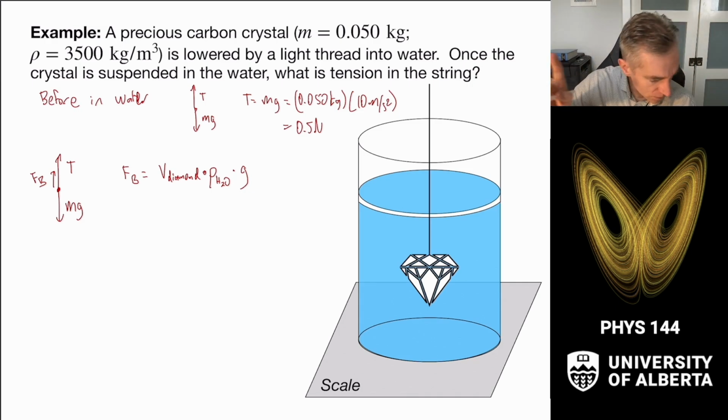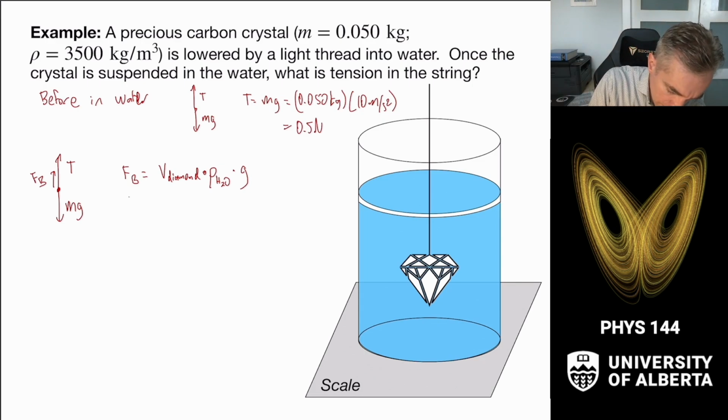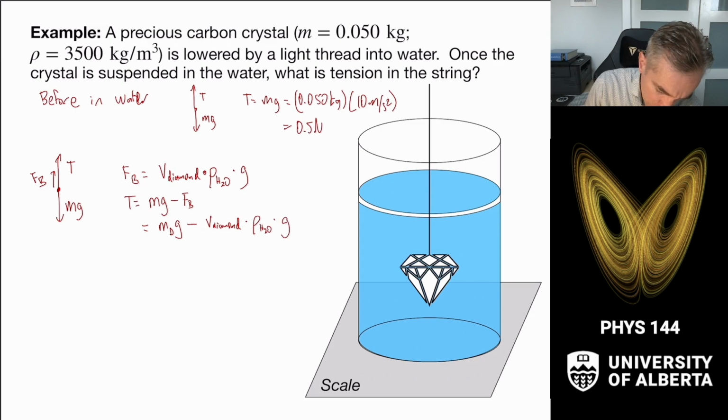So with that digression out of the way, we'd like to solve for the tension here. The tension is equal to the weight of the diamond, m_D g, minus the buoyancy force, F_B, which is m of the diamond times g minus V diamond times the density of water times g, the buoyancy force going up.